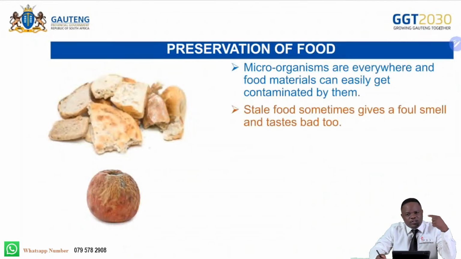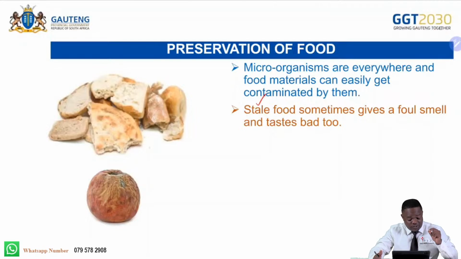It leads us to the next aspect, which we call preservation. Remember, we said preservation is about keeping what is valuable, that is our food. We want to keep it intact. We want to keep it fresh to avoid it from being stale. Remember, when food becomes stale, it has got that foul smell and even it tastes bad too.